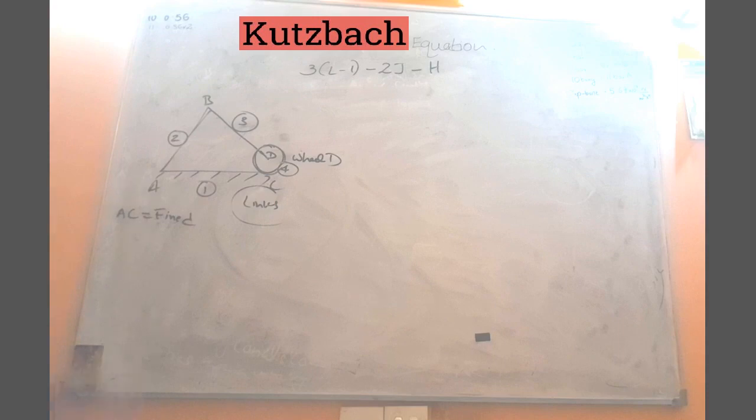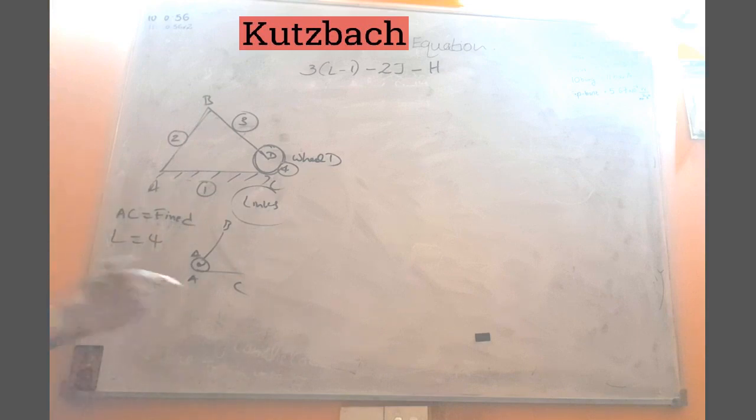So L equals 4. How many joints are there? One joint connects the link AC to the link AB. That is one joint, another joint, two.